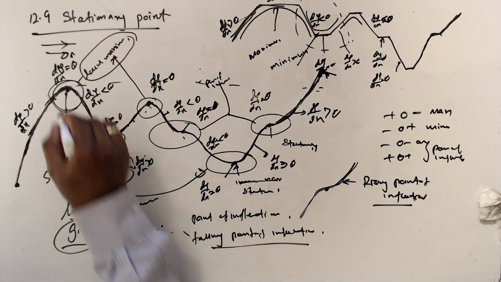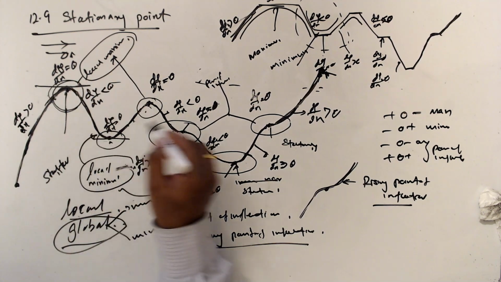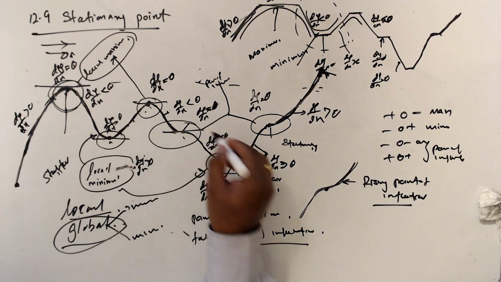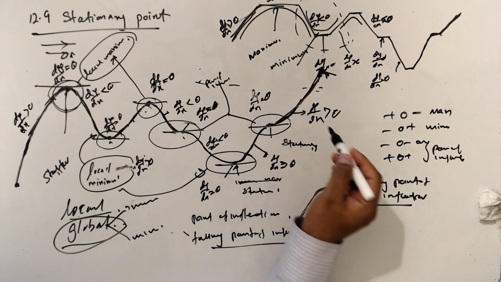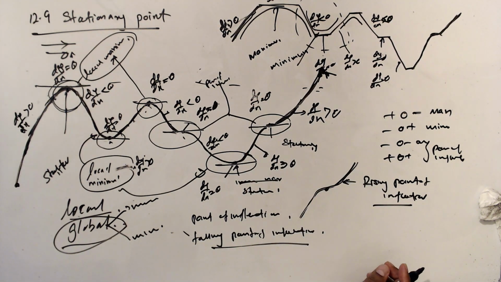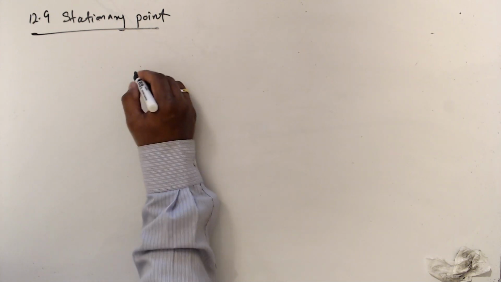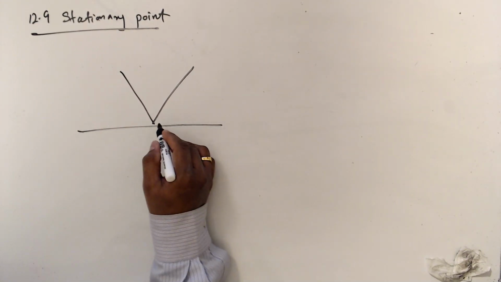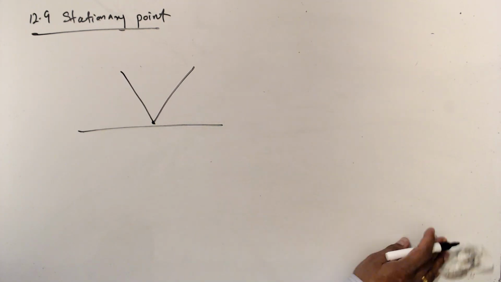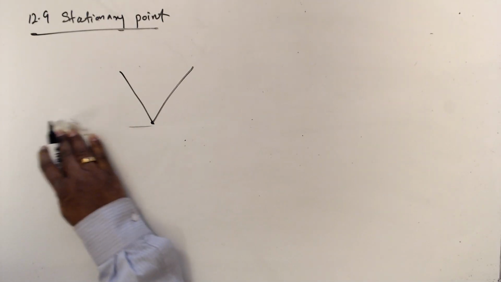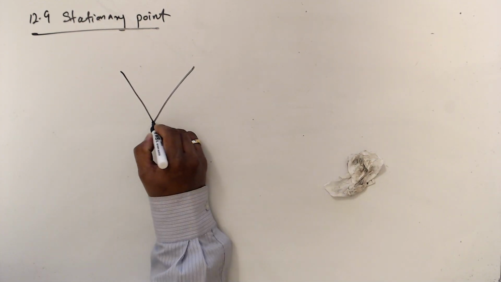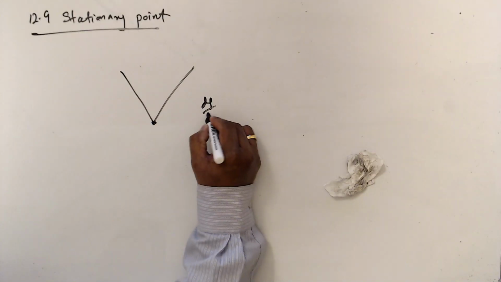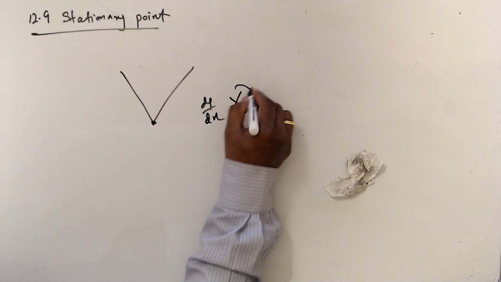That is, if you draw a tangent line parallel to the x-axis. And if we have this kind of point, you can't find the dy by dx.